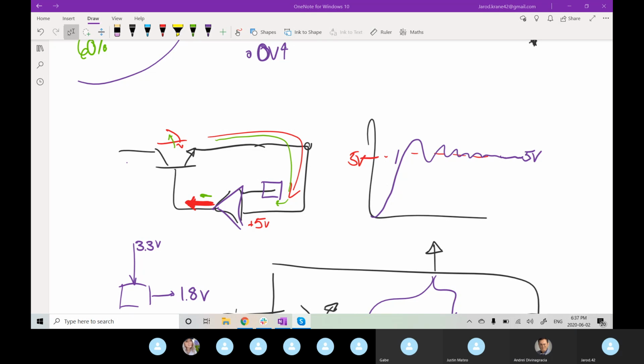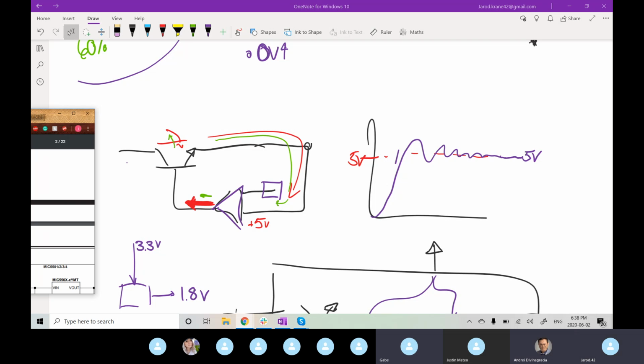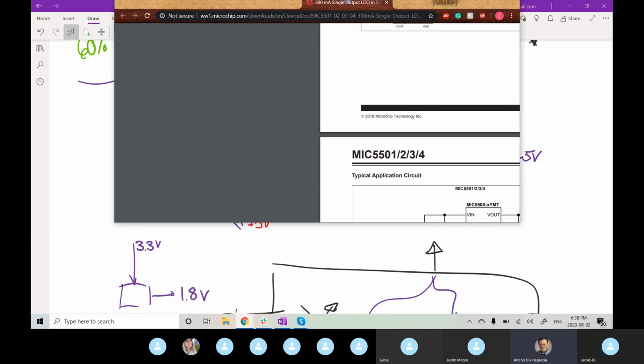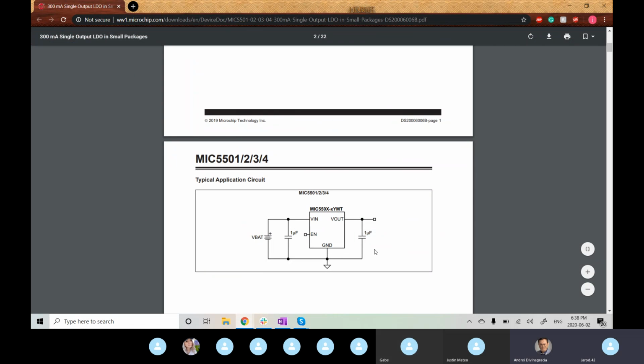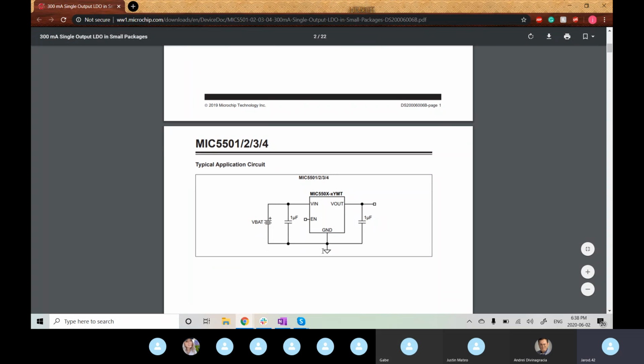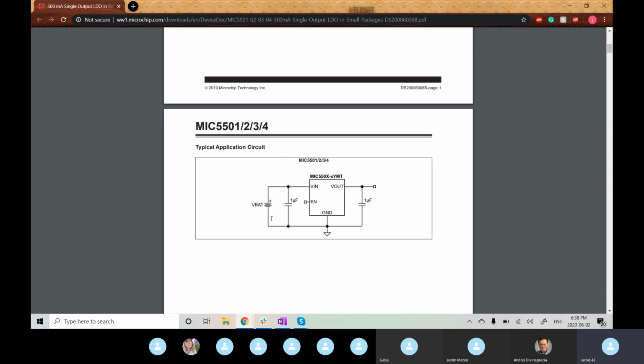That's the LDO used on the VCU. So on page 2, you would see a sample schematic where you have to put external capacitors. Yeah, so right off the bat, you'll be told to put these.